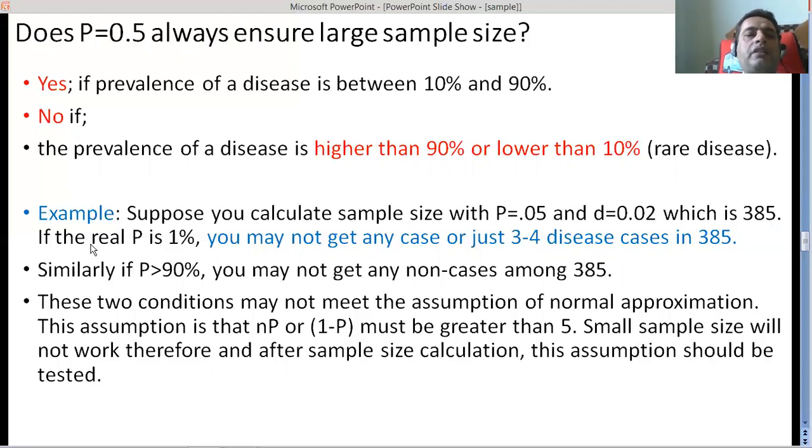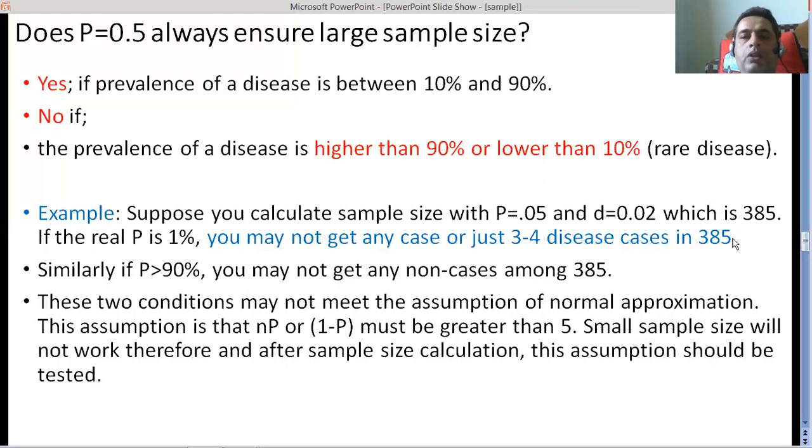So if the real P is 1%, not 0.05, what would happen in that case? 1% would be 0.01. You may not get any cases, or just 3 to 4 disease cases in 385.